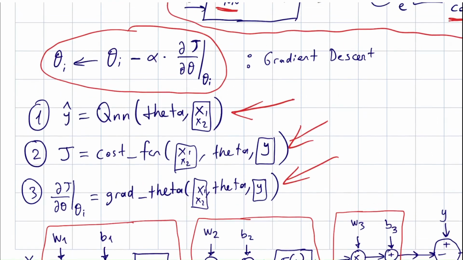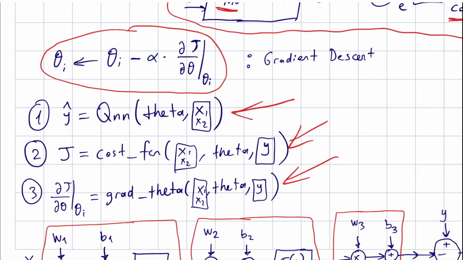Maybe the most complicated part is the gradient of theta. Let me tell you, if you can calculate the cost, and you're okay with spending your time, you can basically create the gradient of theta.